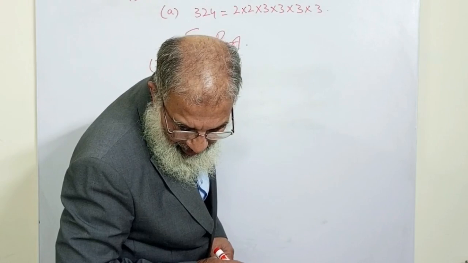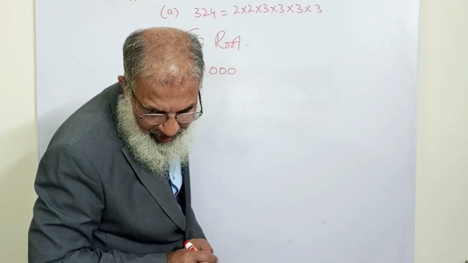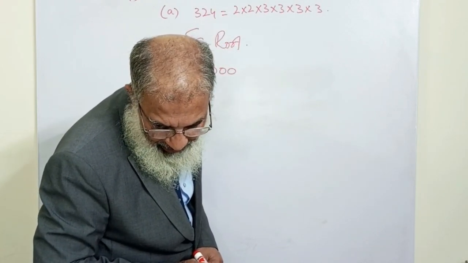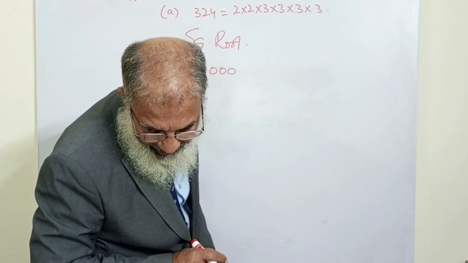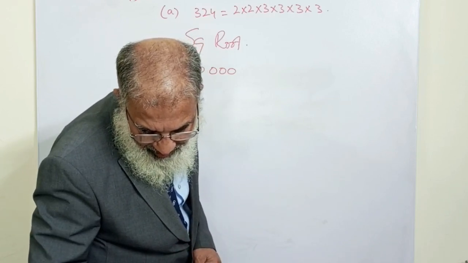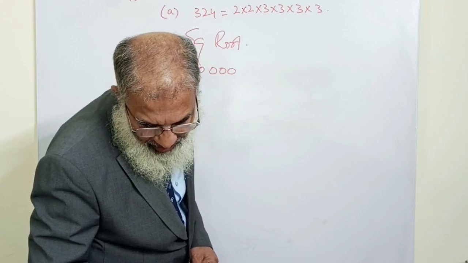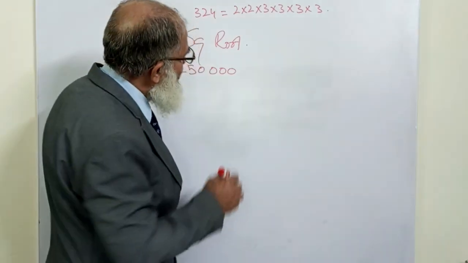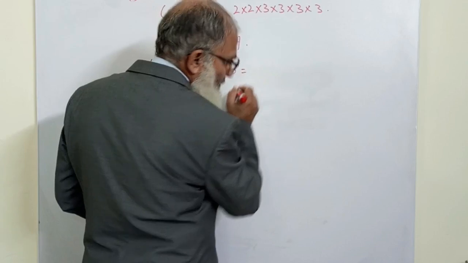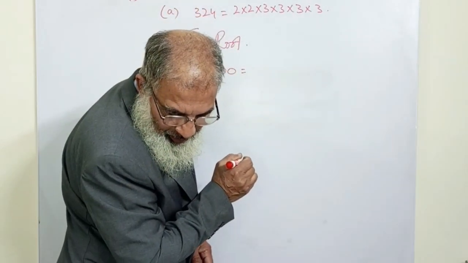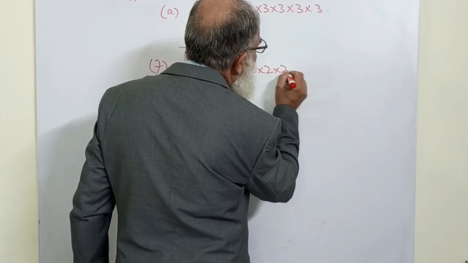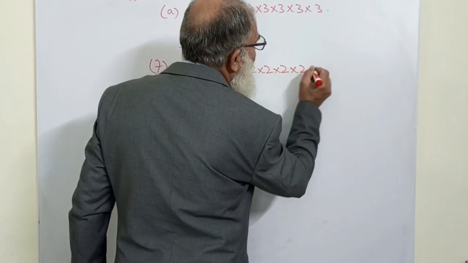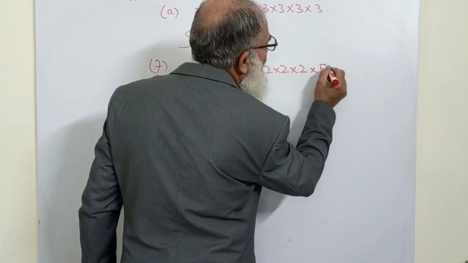Now 250,000 is broken up into two factors, 4 times 2 and 6 times 5.